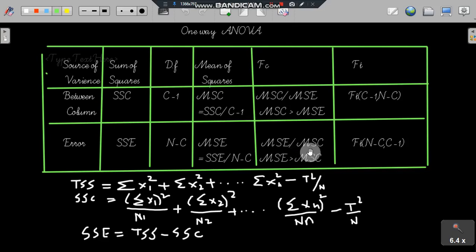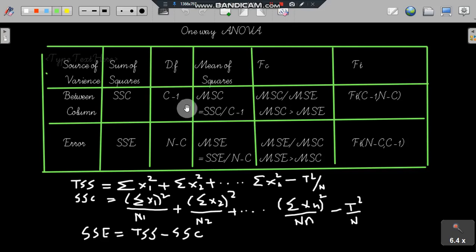So in that particular case, what is the tabular value? That's what we have to understand. In that case, MSE's degrees of freedom is N minus C, and the denominator MSC's degrees of freedom is C minus 1.